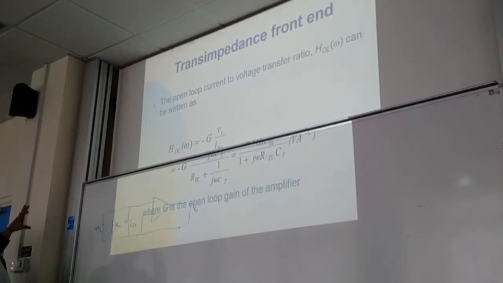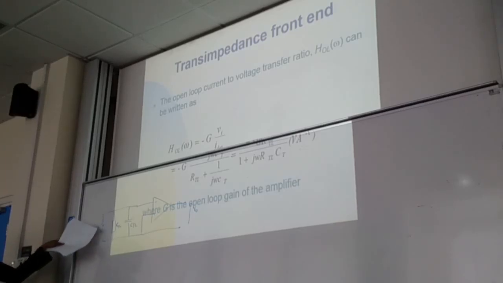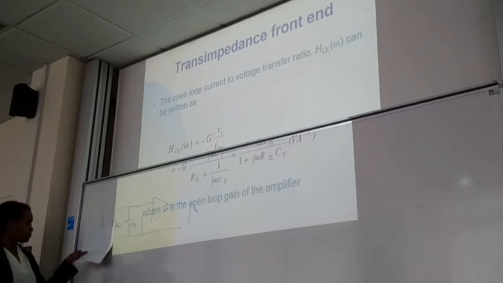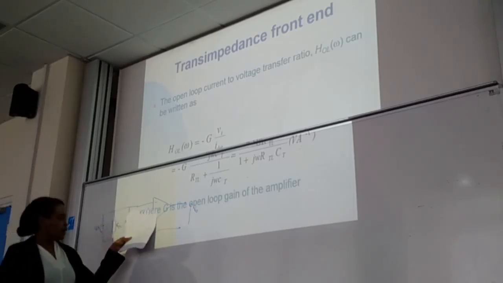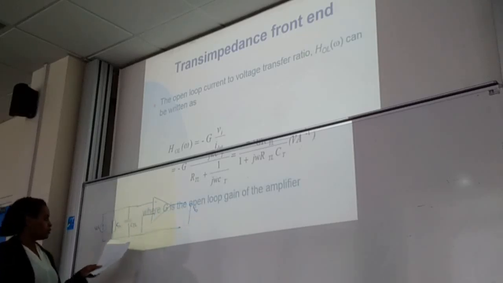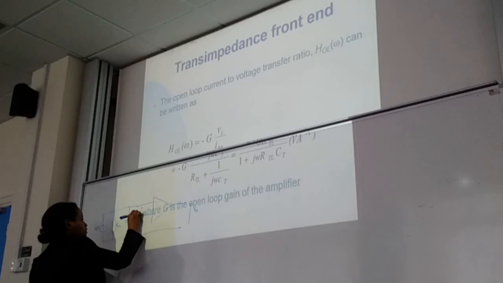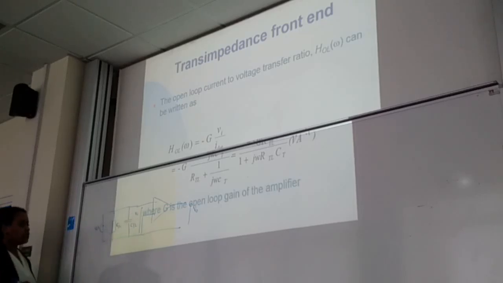Okay, set up without the negative feedback resistance. And there a current source, this is the detector current. Total capacitance, total resistance, the amplifier itself, then the output voltage, and here is the input voltage.